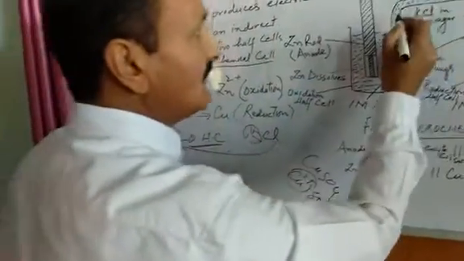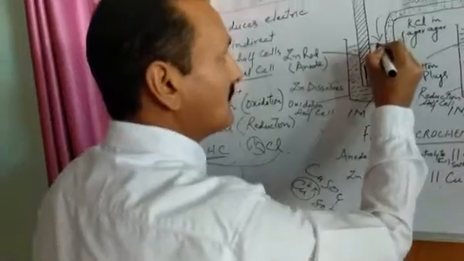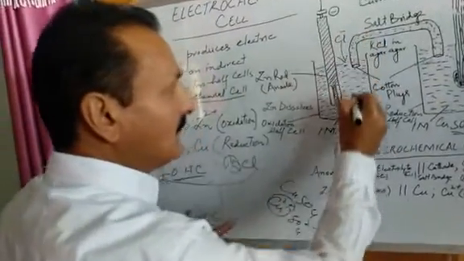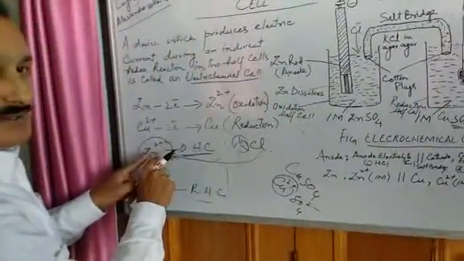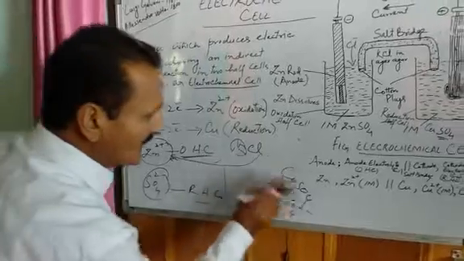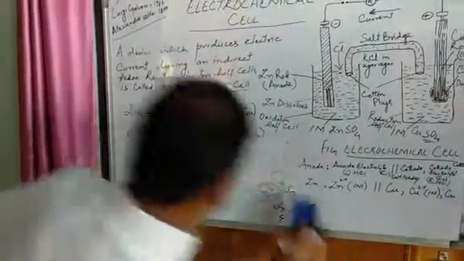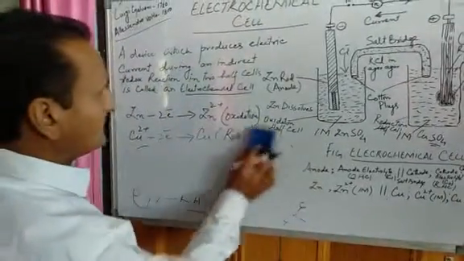That is, your chloride will move here. Chloride will come down and combine with zinc 2 positive ions, forming like this.